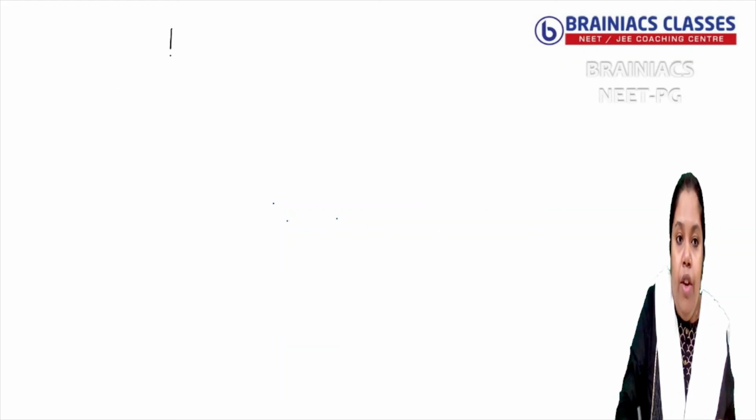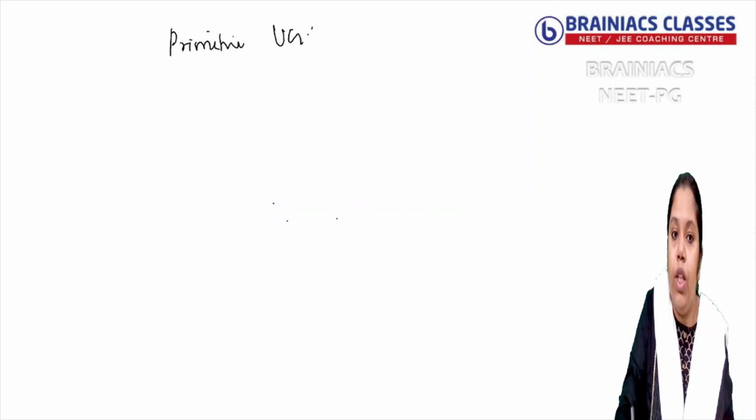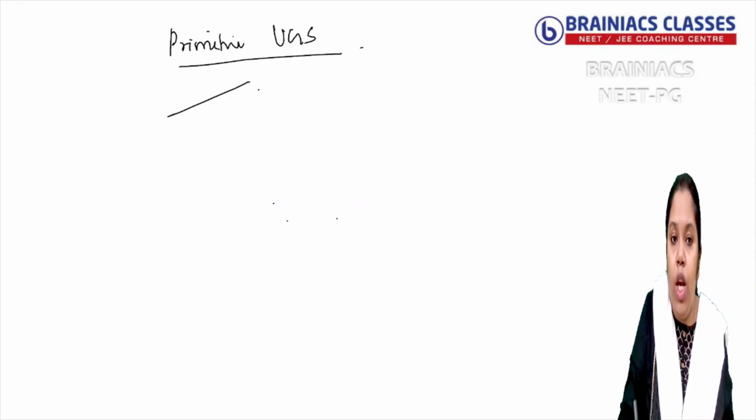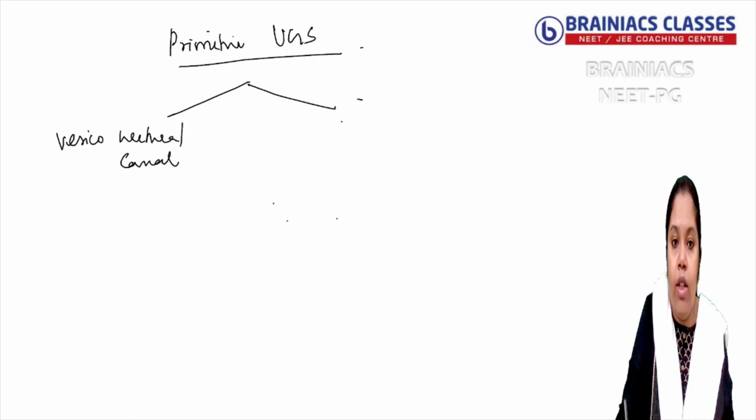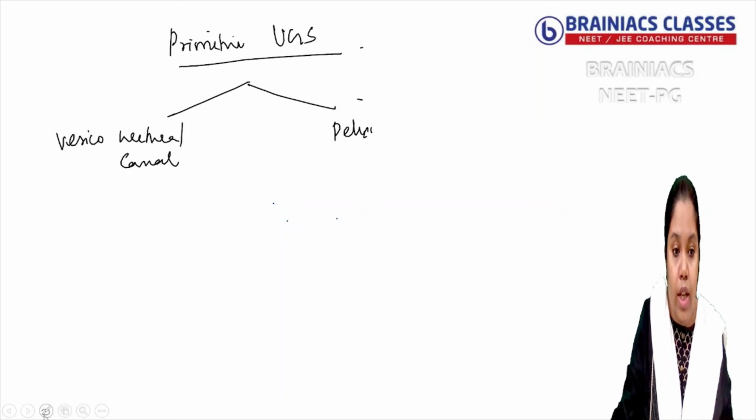The primitive urogenital sinus gives rise to 2 parts. One is called the vesico-urethral canal, and the second one is the definite urogenital sinus.